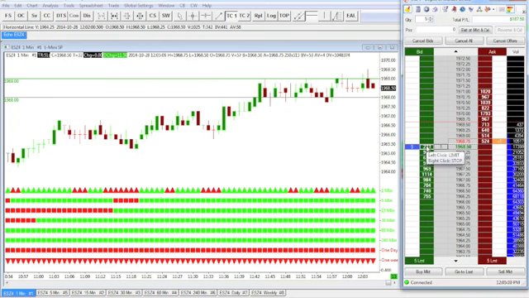Did post green and gave us a red candle, so take a little buy position there. You can see the indicator is flashing back and forth between buying and selling here.